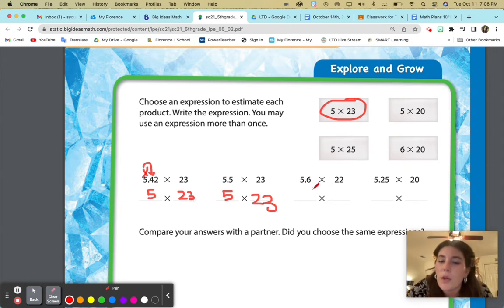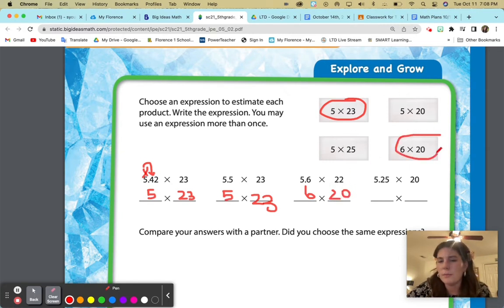Okay, now look, what about 5 and 6/10 times 22? Well, we know that this 5 and 6/10 is probably much closer to 6 than it is 5. And 22, is that closer to 25 or is that closer to 20? That's closer to 20. Did I use one of the expressions here to the right? I did.